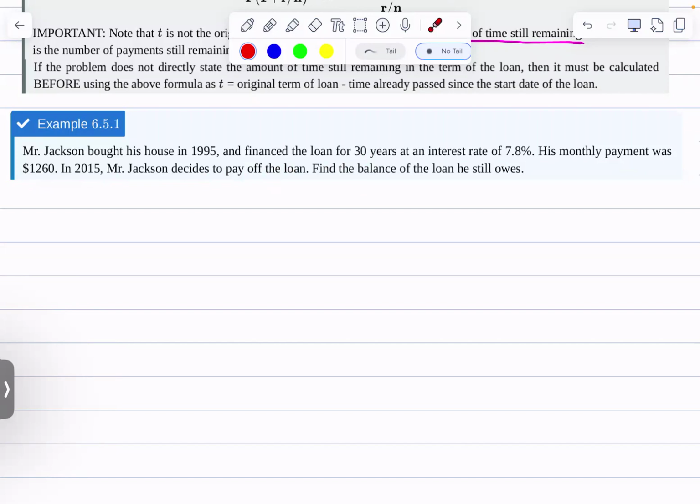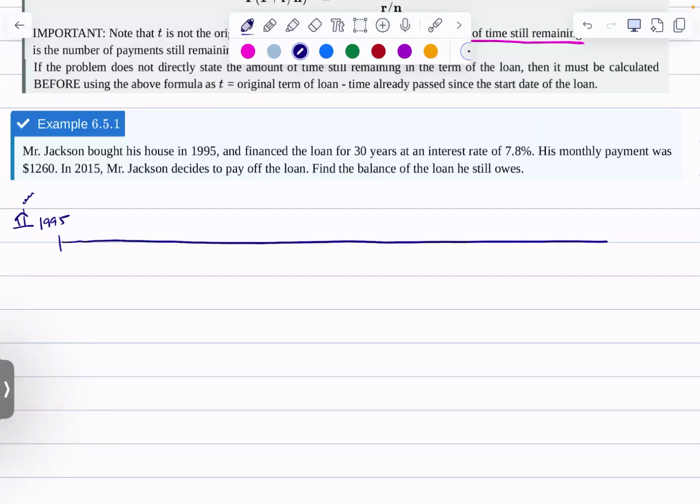Now, I do find it helpful to map it out with this timeline, just so we can catch our bearings, but you don't have to, but I'll do it so that you can see it. So in 1995, he bought a beautiful home with a chimney and everything, maybe a yard. Then he committed to paying it off over 30 years.